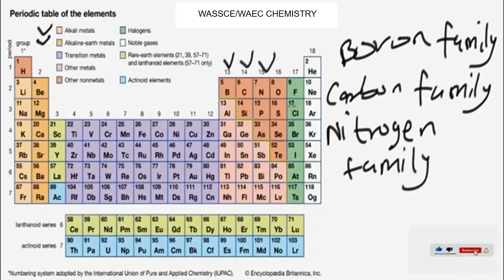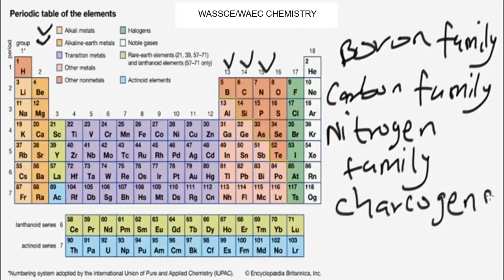Now, elements in group 6 are referred to as the chalcogens, so they can form chalcogenides. Elements in group 7 are referred to as the halogens.